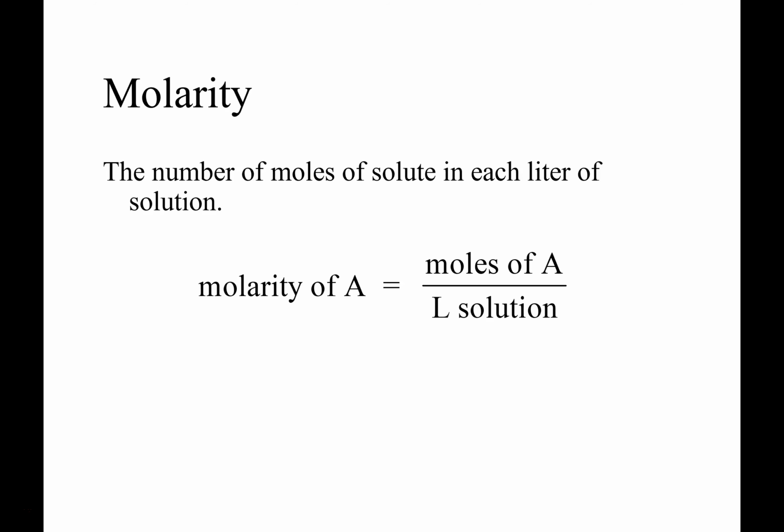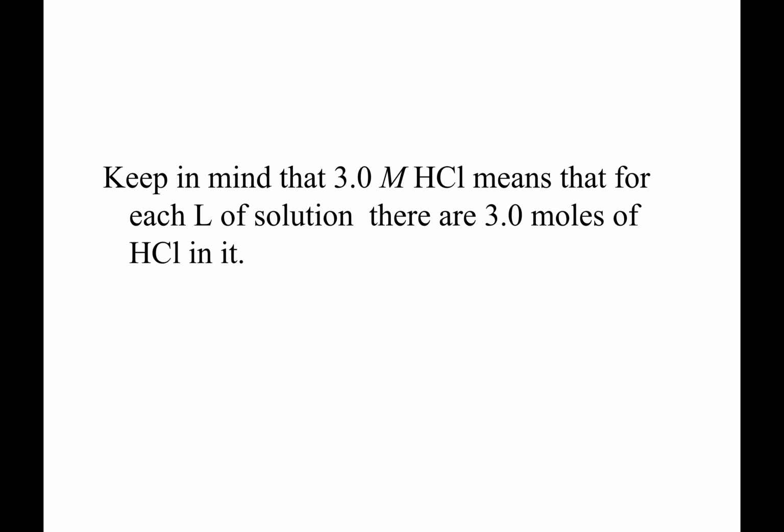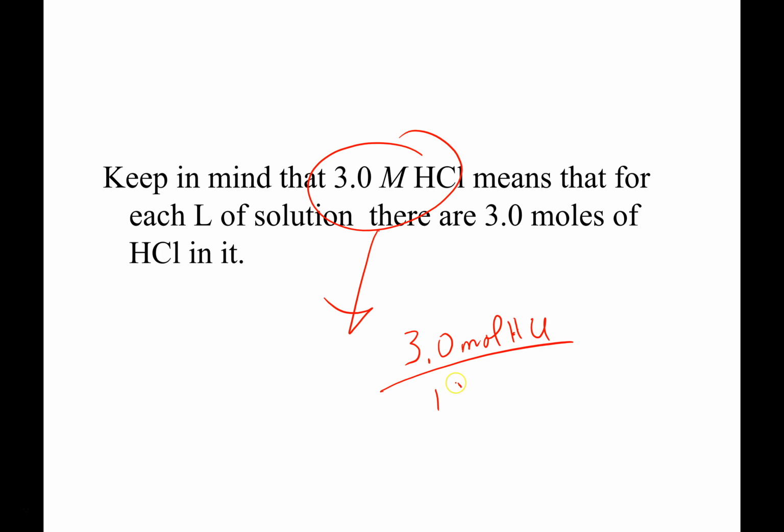Okay, so molarity, a Gen Chem 1 thing. Molarity is moles of solute, in this case sucrose, per liter of solution. And this is just to remind you that if you have 3.0 M, big M, now remember there's a little m, this is a big M, that means 3.0 moles, in this case of HCl, per 1 liter of solution.